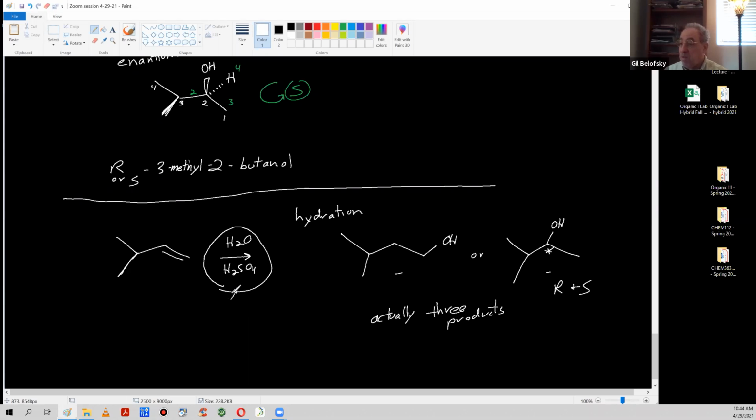Usually that means much more complicated reagents are being used, not just slightly acidic water. This stuff's been around for hundreds of years. New reagents are used to get only the R product of all 3 of these, for example. So just point that out.